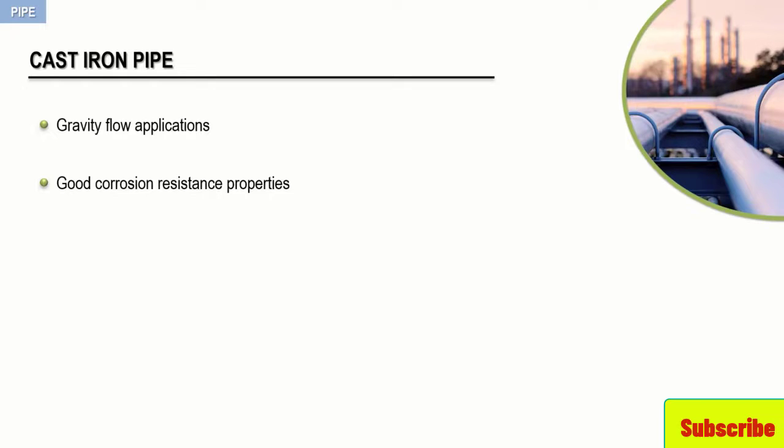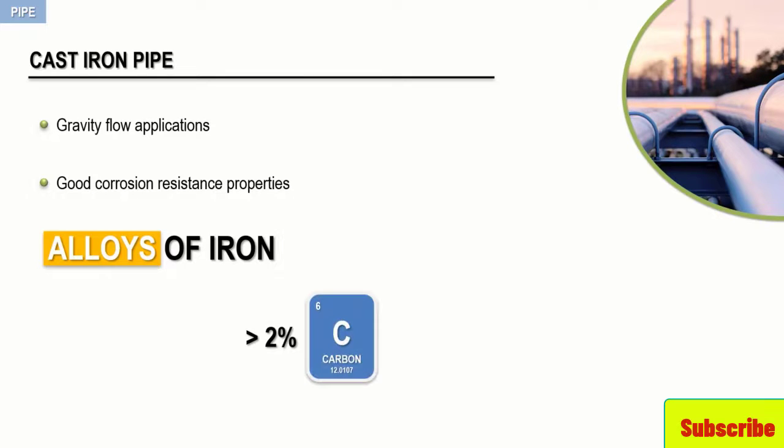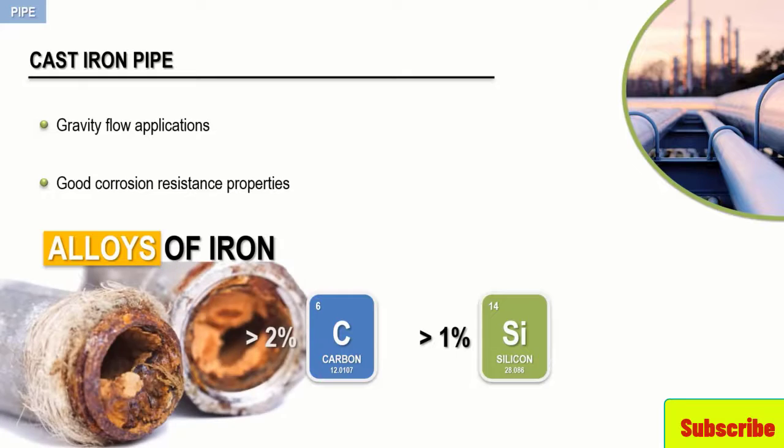Now, the term cast iron refers to a large group of various metals. Cast irons are primarily alloys of iron that contain more than 2% carbon and 1% or more silicon. Cast iron, like steel, does corrode.